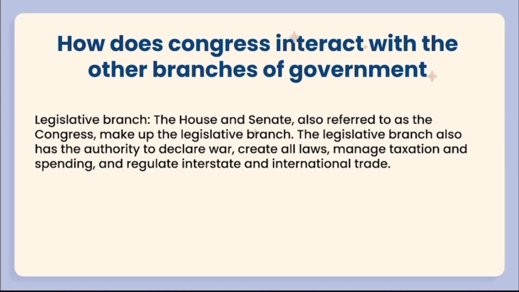The legislative branch also has the authority to declare war, create laws, manage taxation and spending, and regulate interstate and international trade. Besides what I listed on the screen, Congress also has access to congressional oversight, which means that they can review any agency, department, or office which they are allowed to investigate, or they can hold a hearing to any of those places.